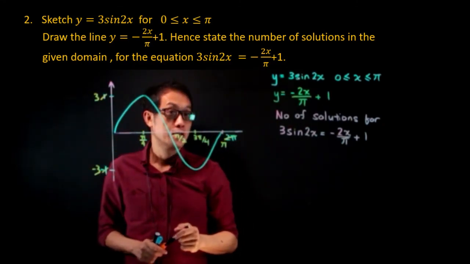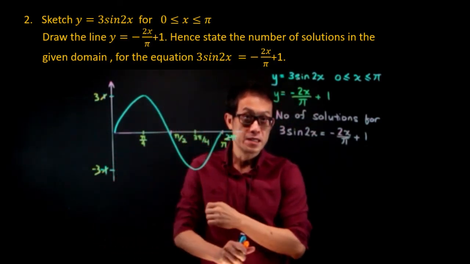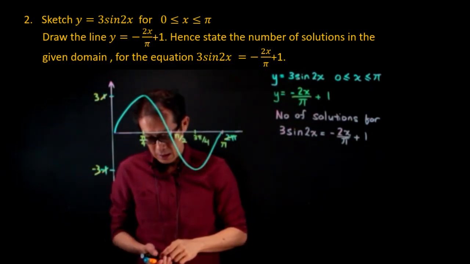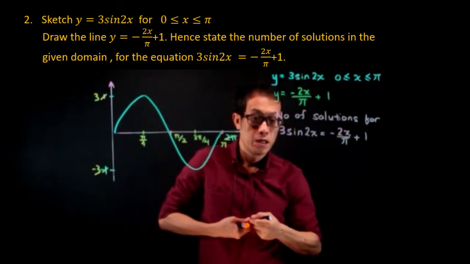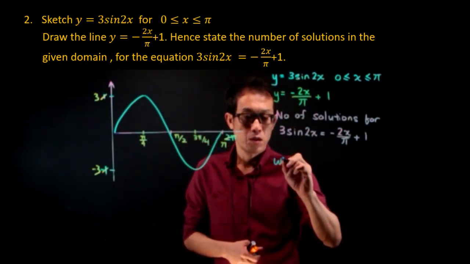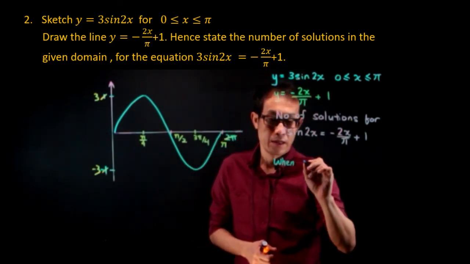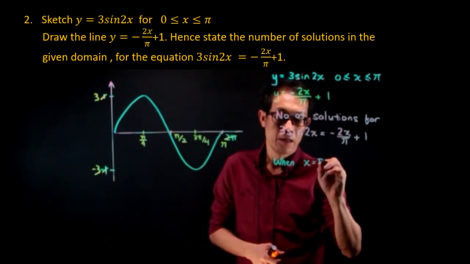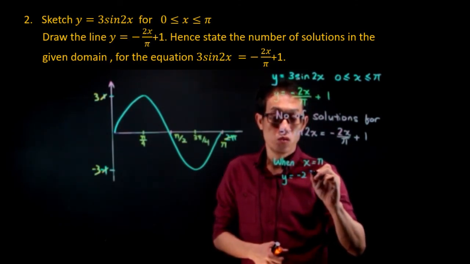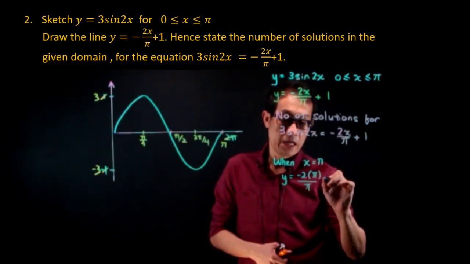Okay. Now let's draw this graph. y is equals to minus 2x over pi plus 1. Now, let's say when x is equals to pi, y will be equals to minus 2 pi over pi plus 1.